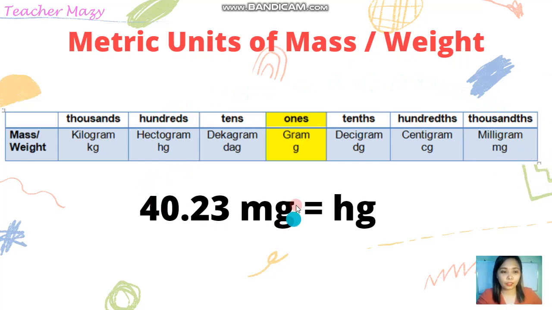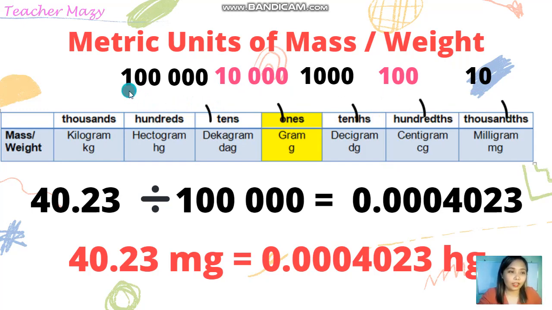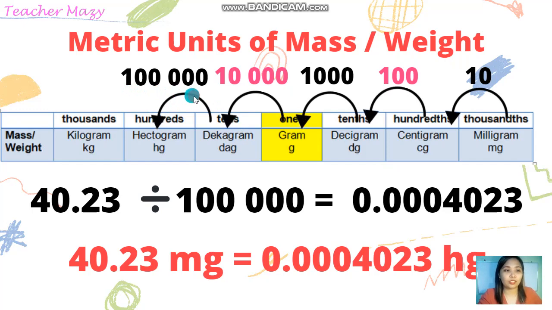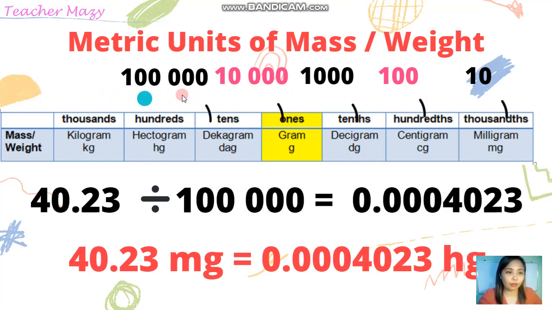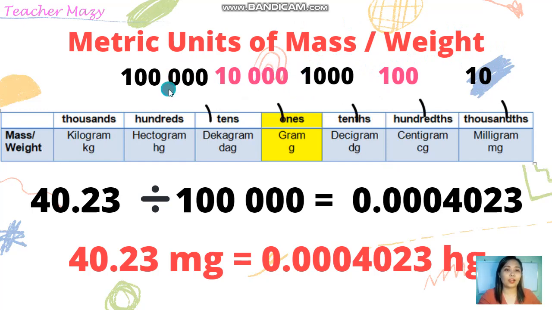So, lagi tayong mag-i-start sa kung anong unit yung given. So, from milligram, ayan. So, mag-shift tayo ng 1, 2, 3, 4, 5. So, 5 beses tayo nag-shift. And that is equivalent to 100,000. So, since power of 10 tayo. 10, 100, 1,000, 10,000, 100,000.